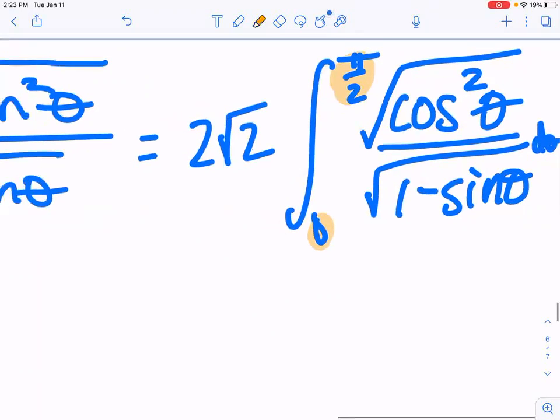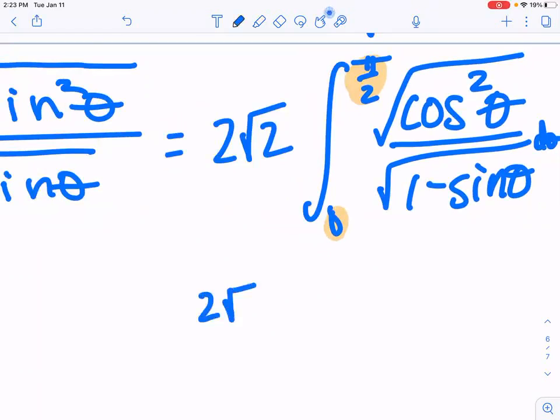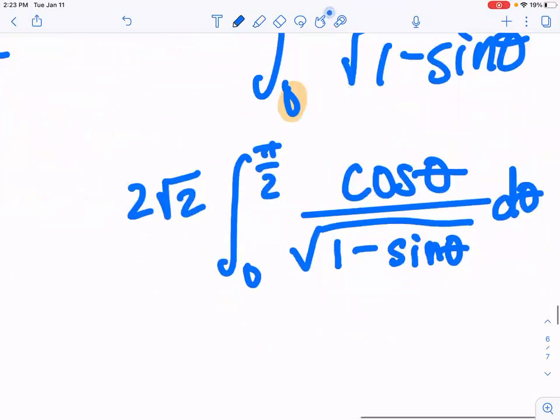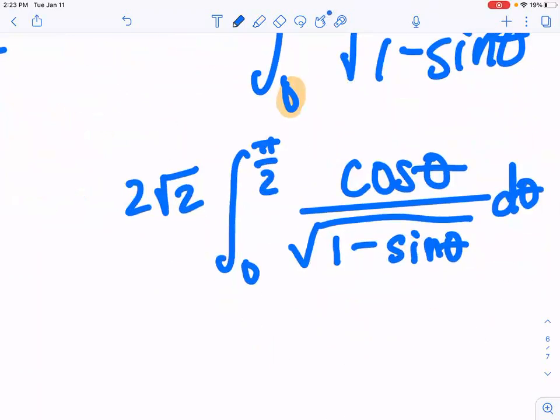So the square root of cosine squared in quadrant 1 truly is positive cosine. If we were in quadrant 2, we would have to make it negative cosine. And then we do u substitution.